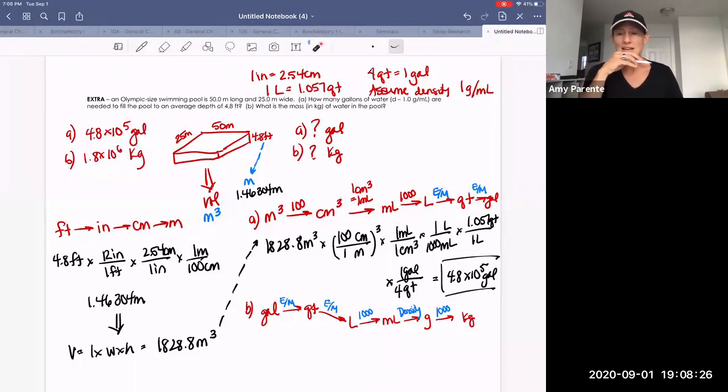So you shouldn't be getting something that says you've got a gram of water in the swimming pool. Right? That doesn't make sense. So your numbers should make sense. And if you get an answer and you can't figure out where you went wrong, write on the problem, this doesn't make sense, but I don't know where I messed up. And you'll get more partial credit because you at least recognize that something's not right.